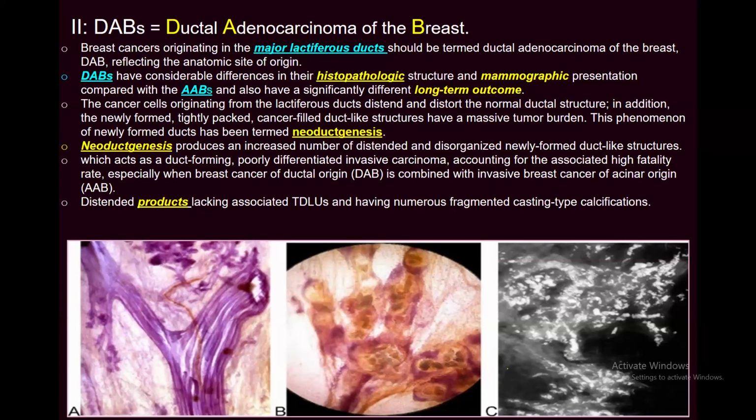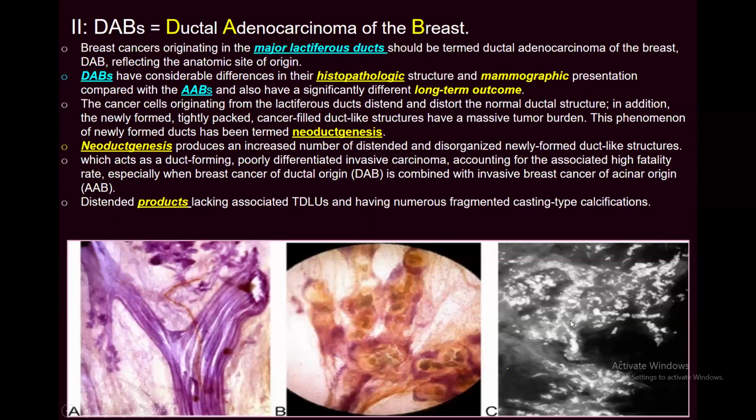The invasive type is usually associated with the phenomenon of neoduct formation, what is called neoductogenesis. It is also of high grade and has a poor outcome, and also presents with significantly dilated ducts on mammography.